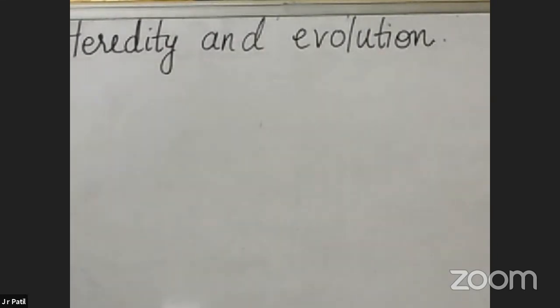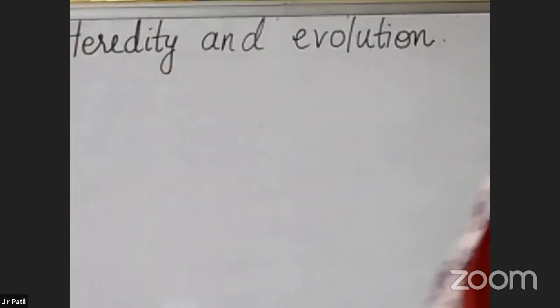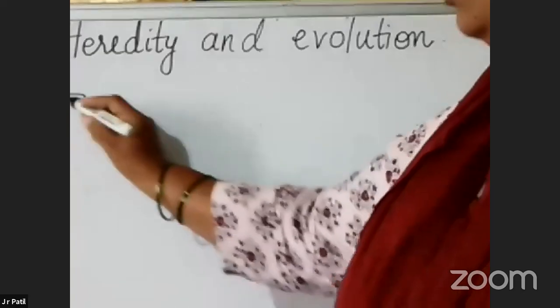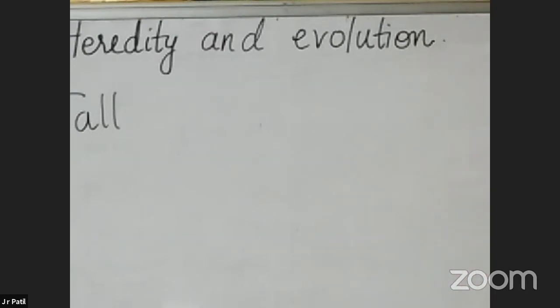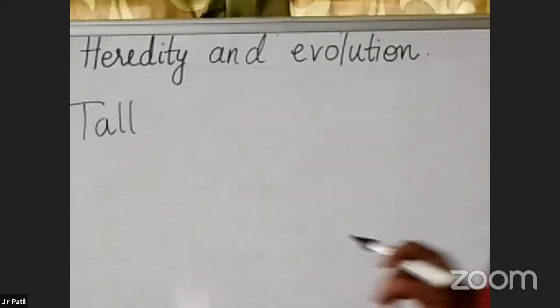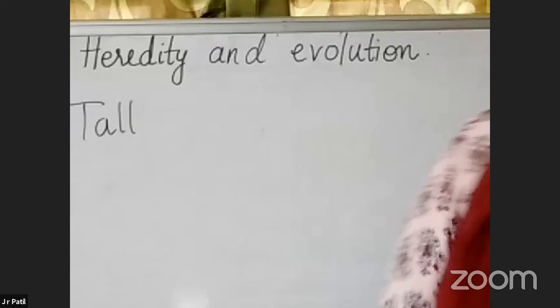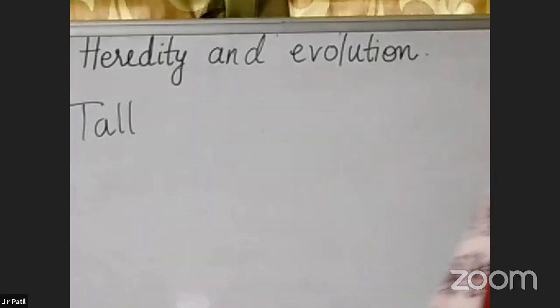Okay. Now, suppose the plant is tall. Correct? Yes, ma'am. Now, this tall plant will have genes present in it, which are called alleles.